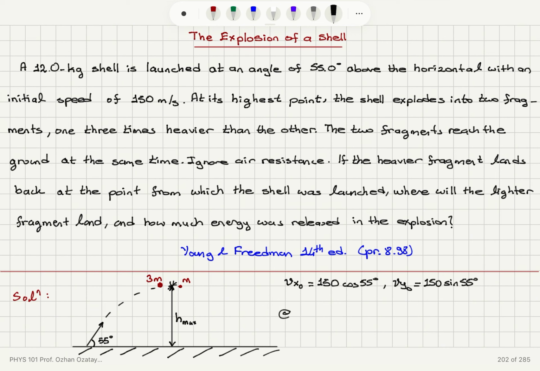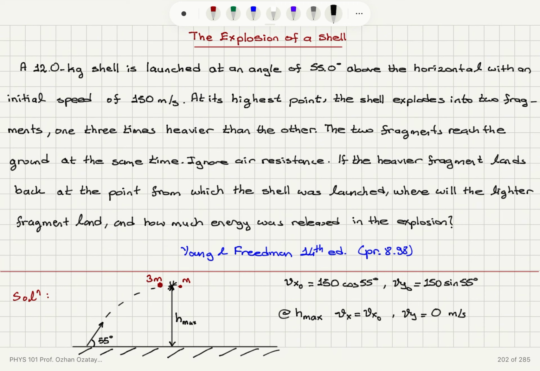And what happens at h max? At h max we have the same x component because there is no force on the x-axis, but the y component will decrease to 0 meters per second due to gravitational force.